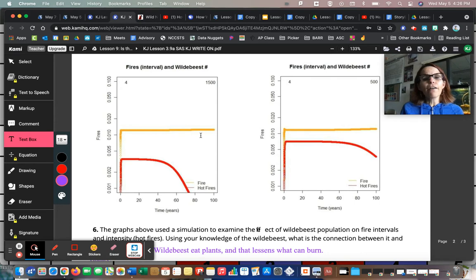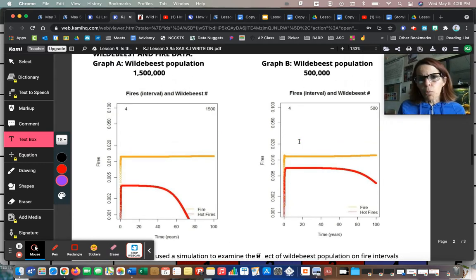We still have normal grass fires, but the intensity of the fires is much greater when the wildebeest population is low, and much less when there's a huge wildebeest population. Okay, so that's some data.